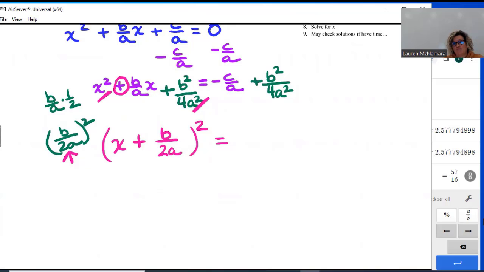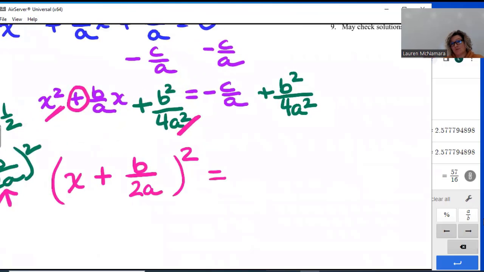Now, other side. In order to add fractions, they have to have the same denominator. My least common denominator here is going to be 4a squared. I have a and 4a squared. So what am I going to have to do? I want the denominator to equal 4a squared.